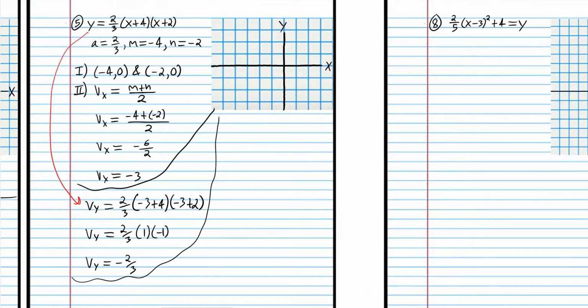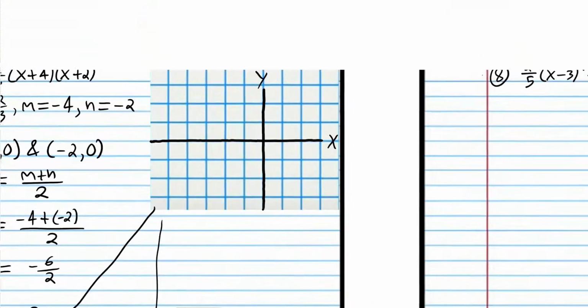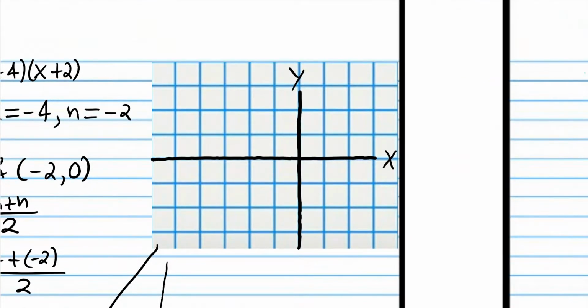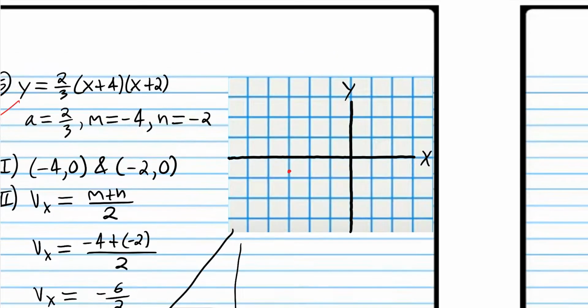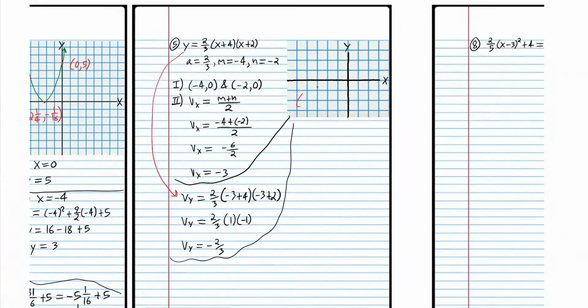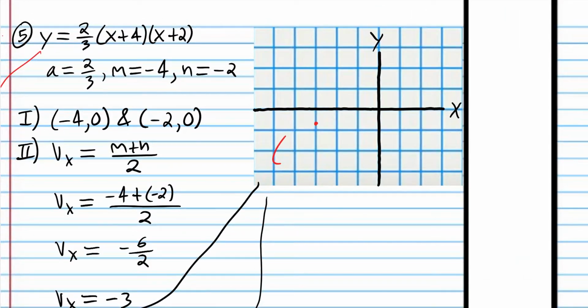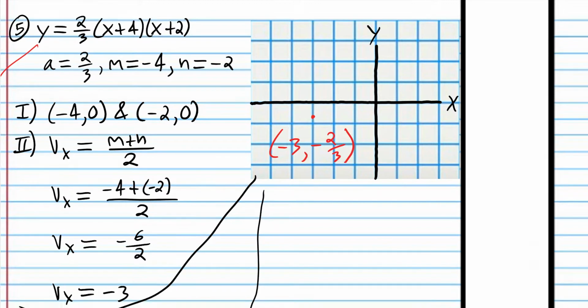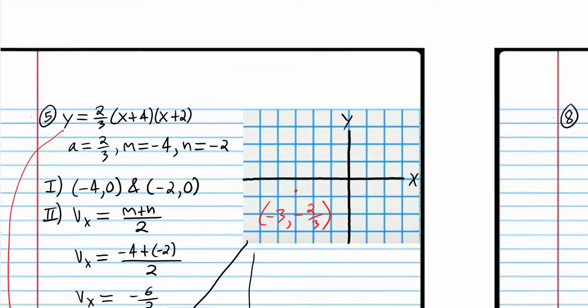So now we have the vertex is -3 and -2/3. So -3, 1, 2, 3, and -2/3, which should be about there. And the parabola goes up, so I can label down here without worrying about running into the graph. We can use the intercepts because, again, this is an intercept form.